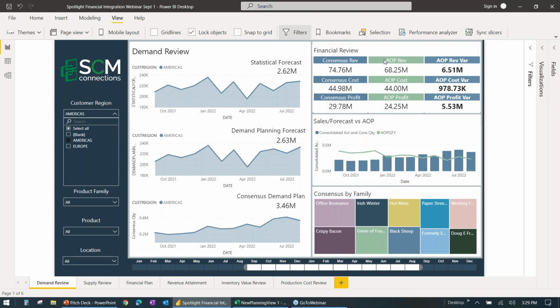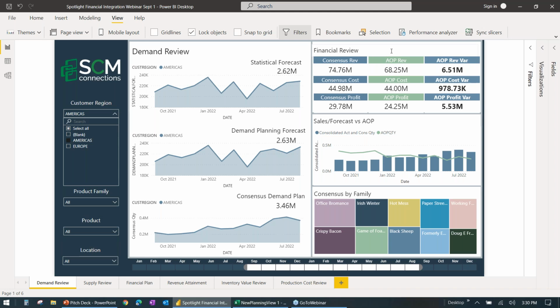I'll compare that to my AOP plan. My AOP plan was sitting at 68 million, my costs were 44 million, and my profitability was sitting at 24. The key thing to see here is the variance.